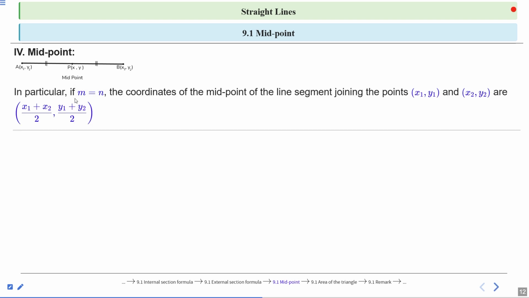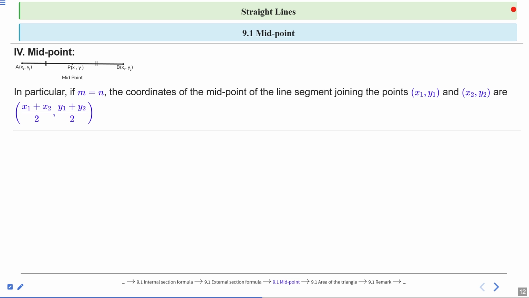So in particular, if m equal to n, then the coordinates of the midpoint of the line segment joining the points x1 comma y1 and x2 comma y2 are x1 plus x2 divided by 2, comma y1 plus y2 divided by 2.